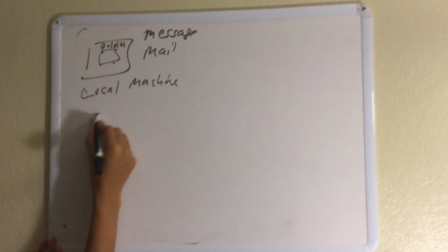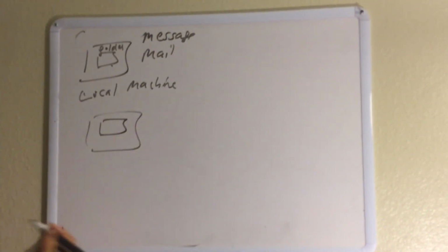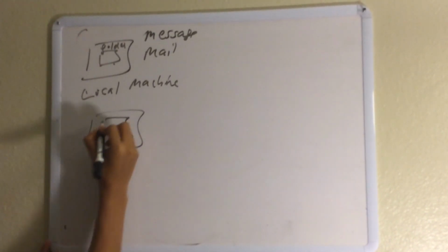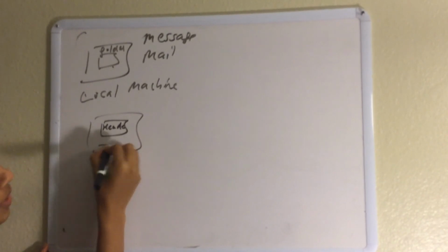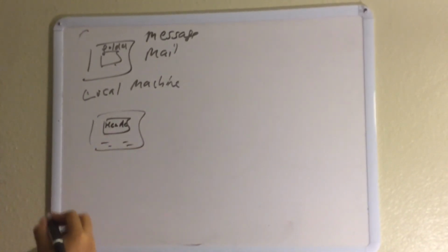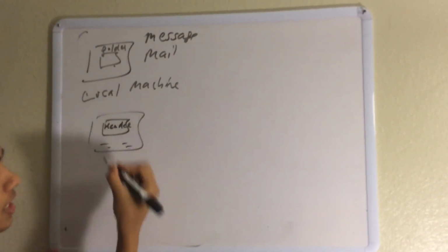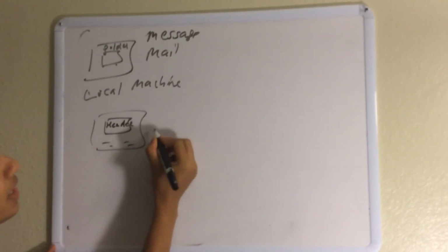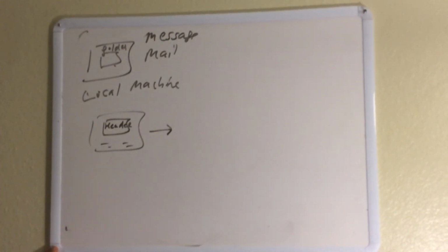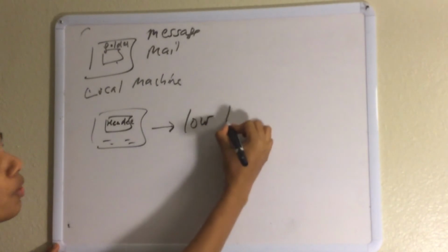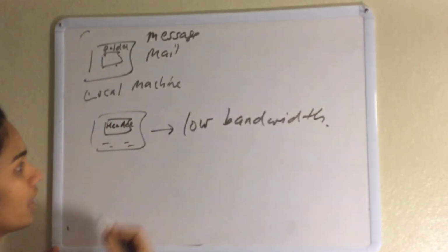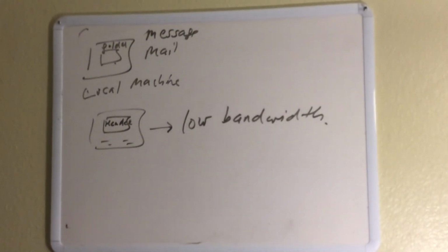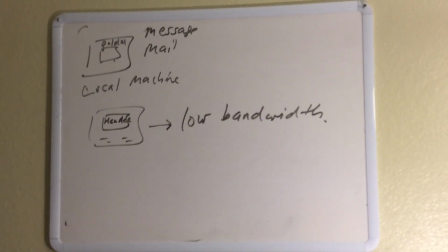For example, from a message, if I just want to read the header information, I can just read the headers if I don't want to read the other stuff, like the attachments, and keep it. This is very useful when we have a low bandwidth connection. So we can read only the stuff that is needed. So this was about IMAP.